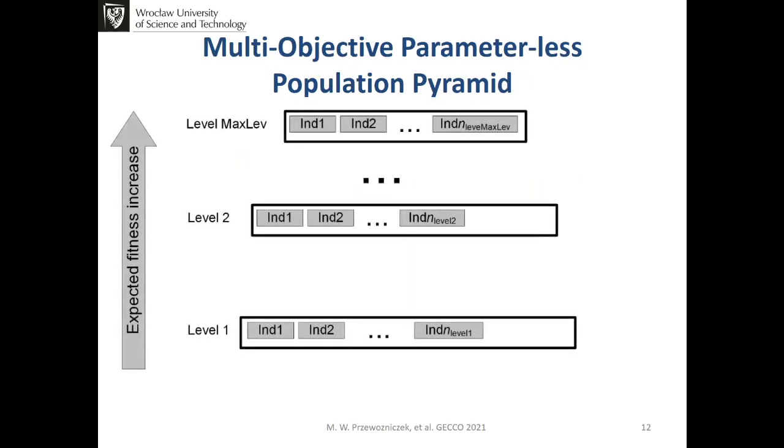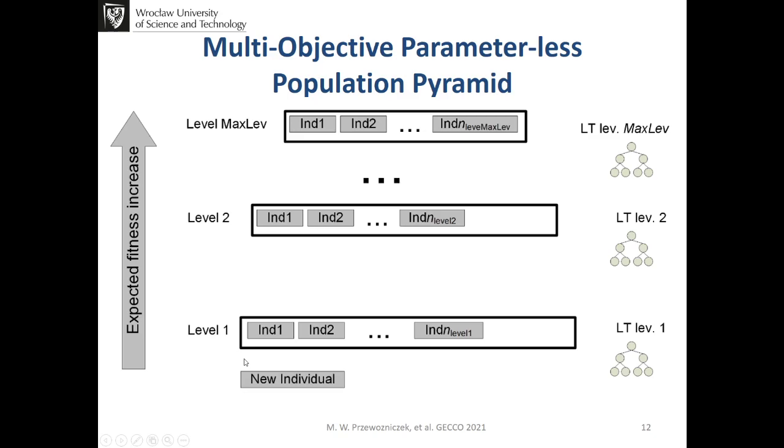So how does it basically work? We have a pyramid-like population, like in P3, and for each level, which is each subpopulation, we maintain some problem decomposition information in the form of so-called linkage trees. In each method iteration, we randomly choose a new individual. We choose random weight vectors to make the multi-objective problem a single objective one.